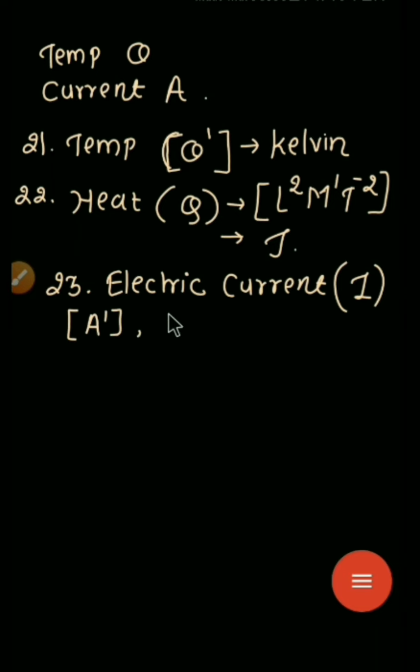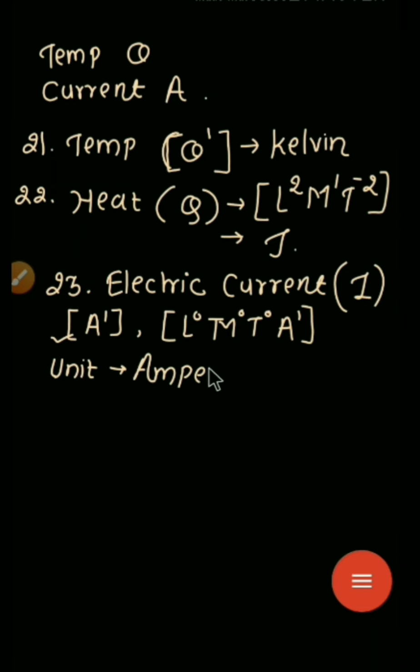You can write like this also, L naught, M naught, T naught and A 1, but there is no need to write it down. This is also okay. And if you want to write down the unit of electric current, then the unit of electric current will be ampere, and we write ampere as capital A.